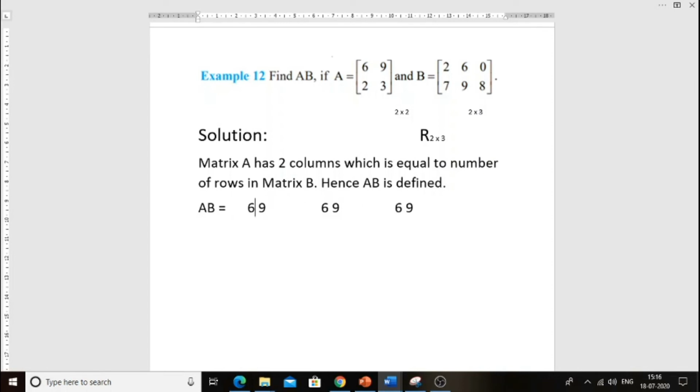Now what is the first column? In the first column we have 2, 7. So here we have 2, here we have 7. Second column elements 6, 9. Third column elements 0, 8. So we know what we do is multiply and add, right? Multiply, add.